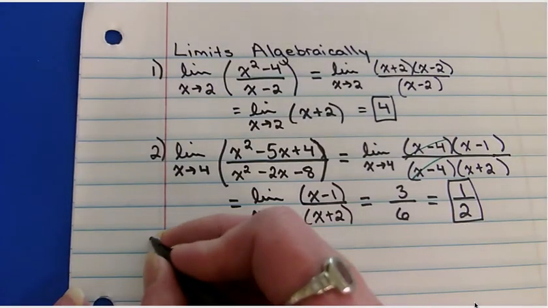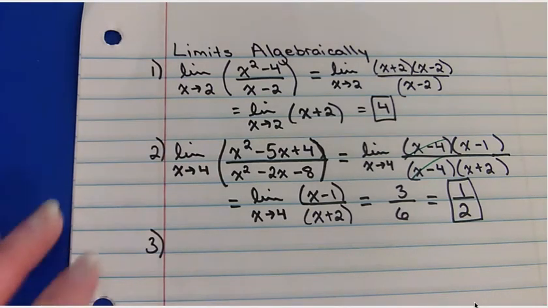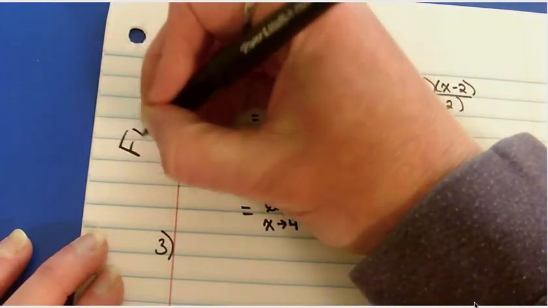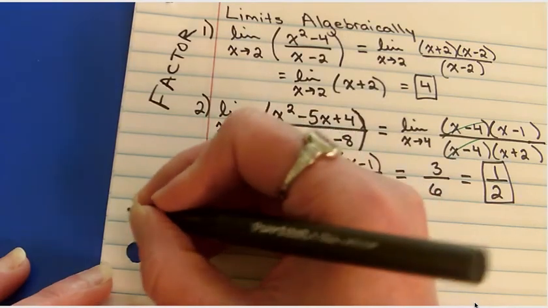Now sometimes it's not that I have to factor, but that I have to actually simplify. So I'm going to label these as factor. And this next one I'm going to label as simplify.